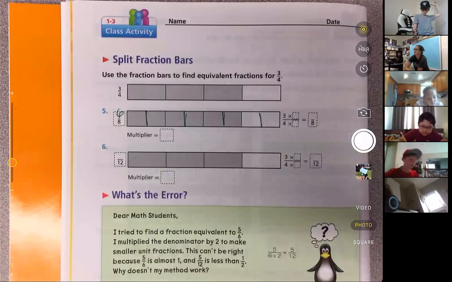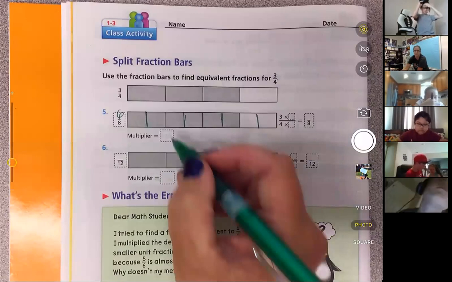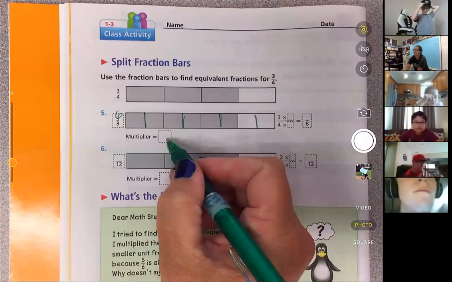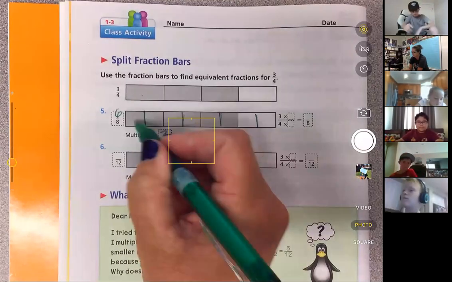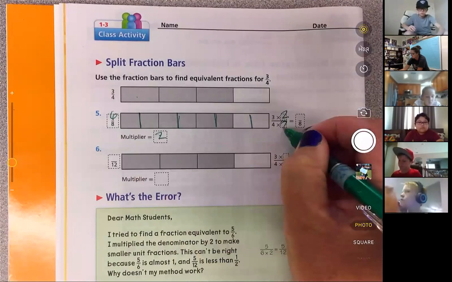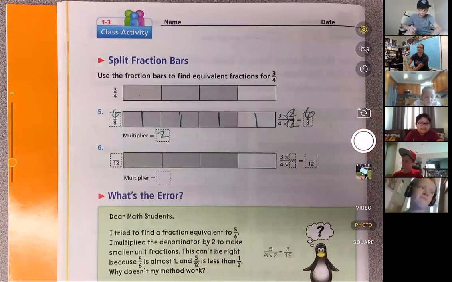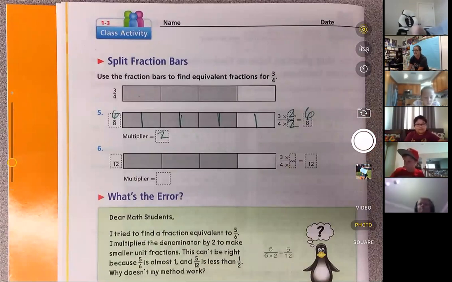Okay. Then what's my multiplier going to be? 2. Yes, because each one of these bars I split into 2 sections. And I know that 3/4 times 2/2 gives me 6/8. Because remember, that multiplier is what we're multiplying both the top and the bottom number by.